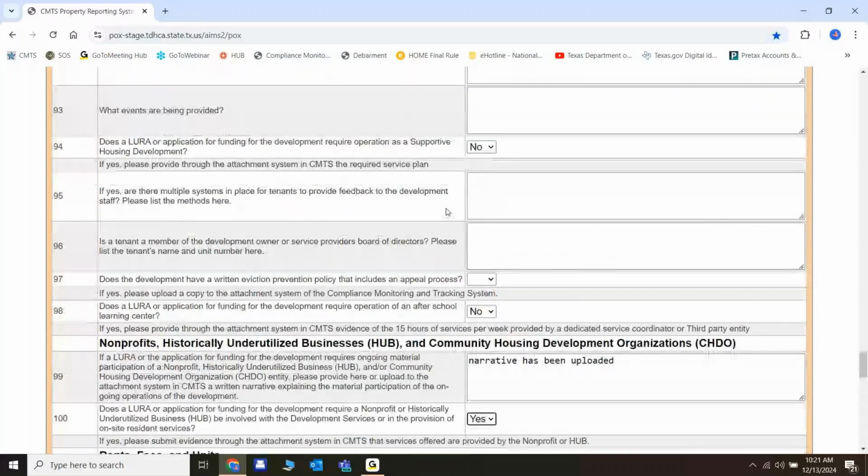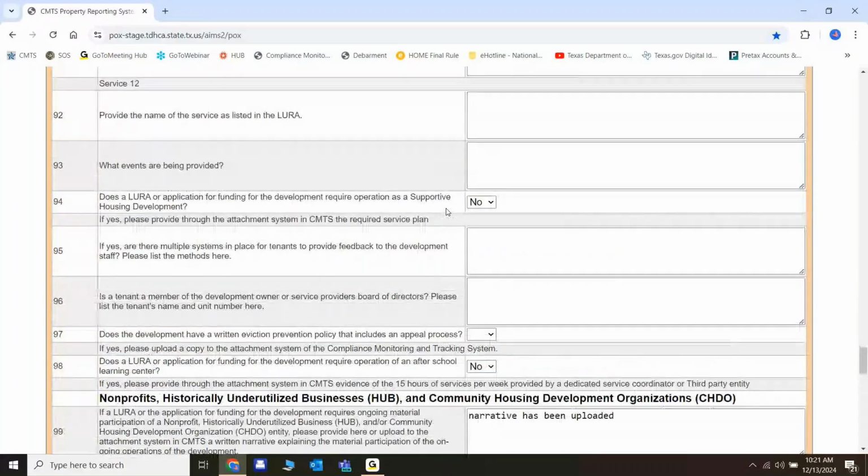But one thing that I wanted to point out about this supportive housing development, in addition to this service, in that service plan that is required, it's going to say that you are required to provide services. We didn't want to create another section with 12 different services for you to list that you were providing.